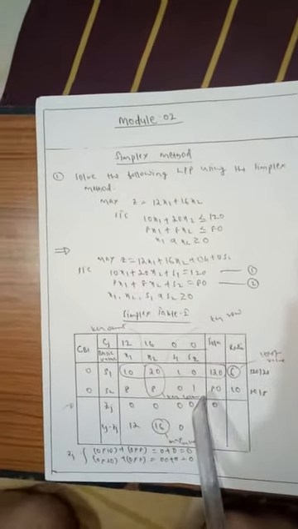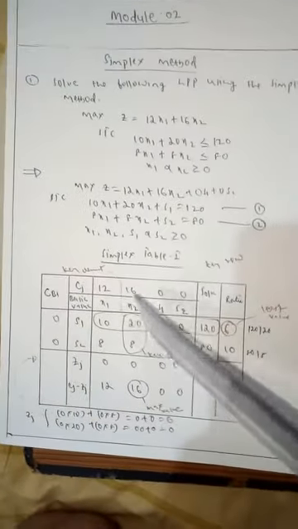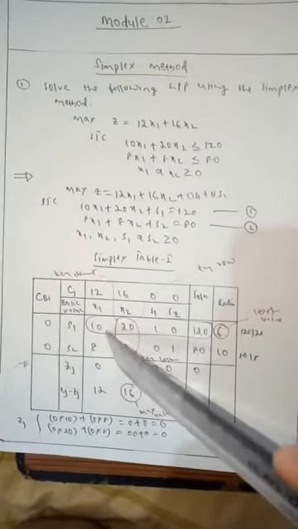Go to the next step, the iteration method. In the iteration method, we construct a new table. Here Cj is 12, 6, 0, 0 and the basic variables are x1, x2, s1, s2, as in the previous table. At the intersection, x2 is the entering variable and s2 is leaving.